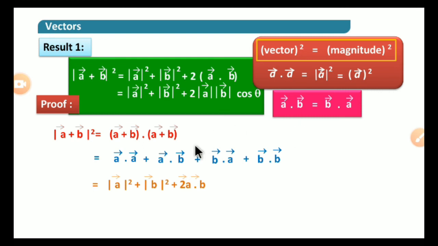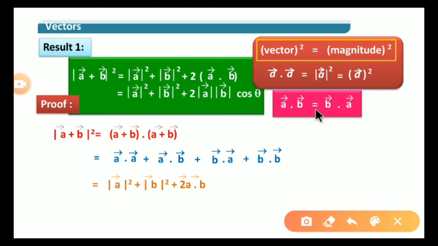Therefore, we can write magnitude of A square, because already I told you that vector A dot vector A can be written as magnitude of A square. Similarly, vector B dot vector B can also be written as magnitude of B square.